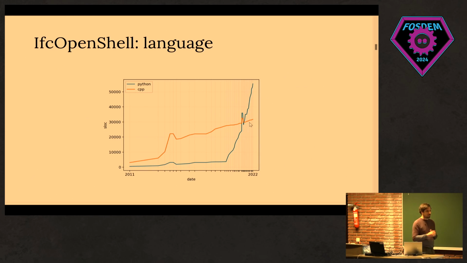I started my module mostly in C++. The Python has been hovering around 0 for quite some years. That basically had to do with the ecosystem. OpenCASCADE is C++. It doesn't leave you much of a choice.